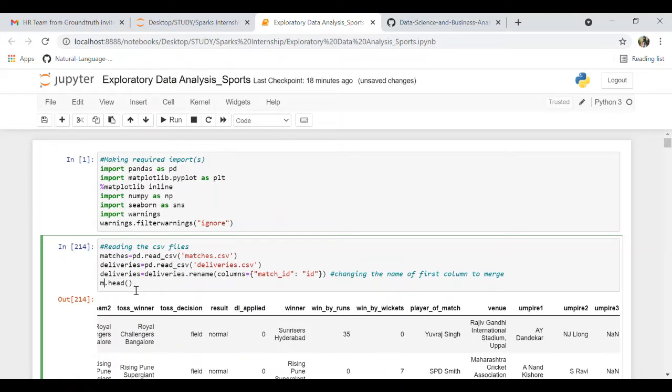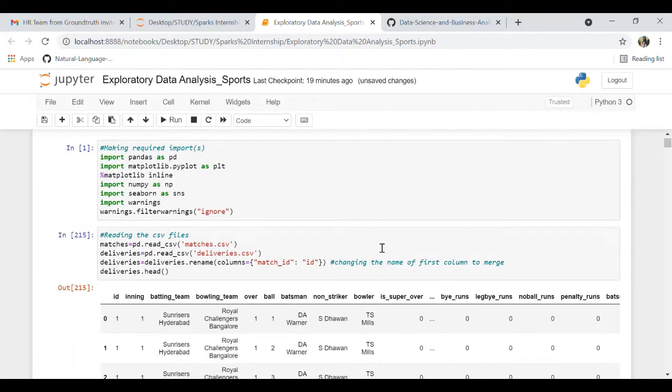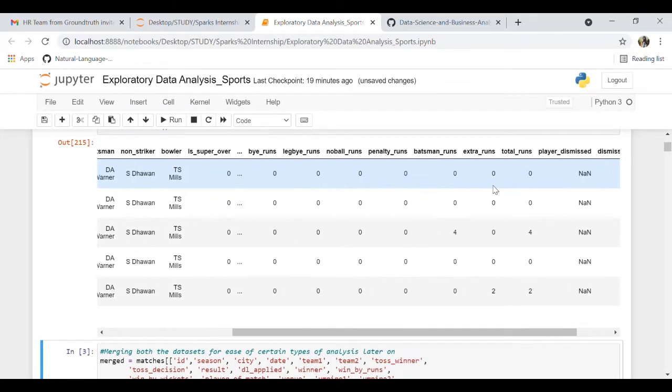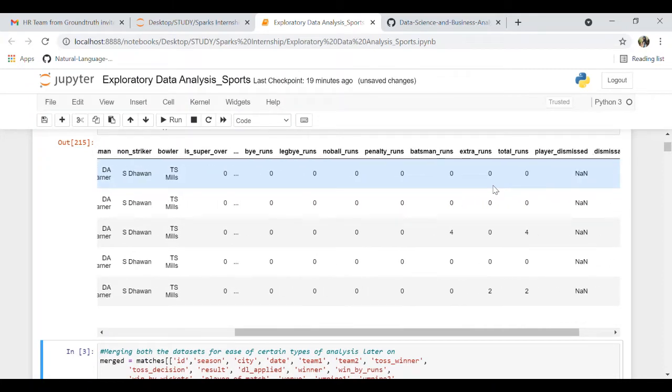Next we will check the deliveries data. Here also there's match ID. This data gives us the information per ball. It's the first innings, the batting team, the bowling team, first over, first ball, the batsman was D.A. Warner, non-striker was S. Dhawan, bowler was T.S. Mills, and how many runs were scored by this particular batsman in the first ball.